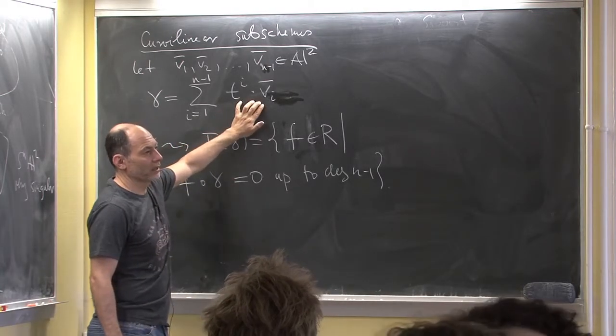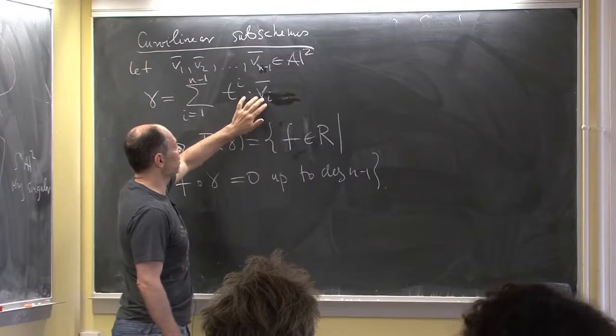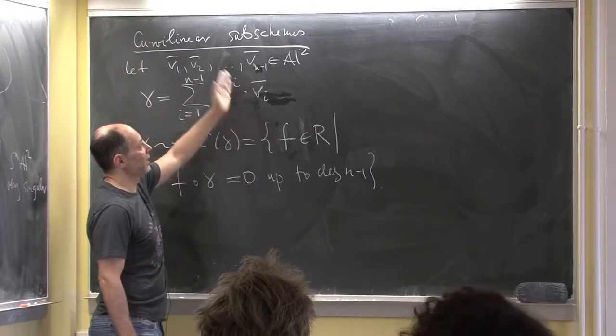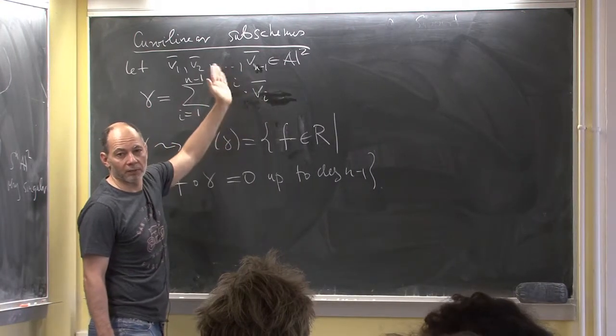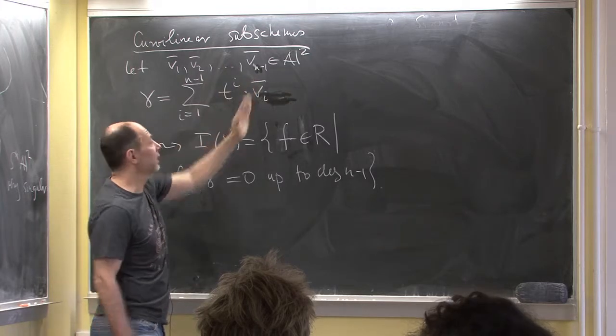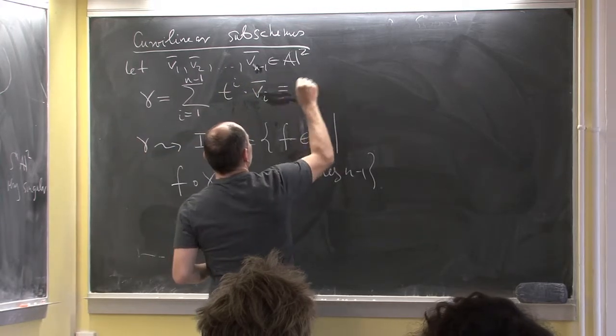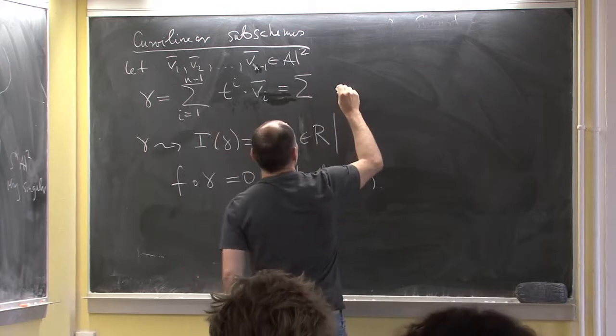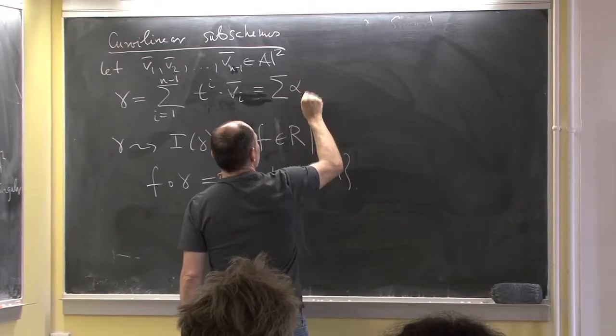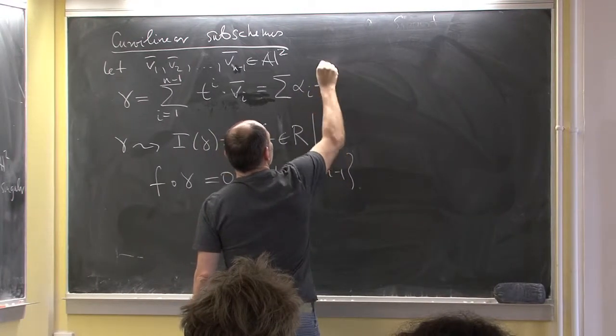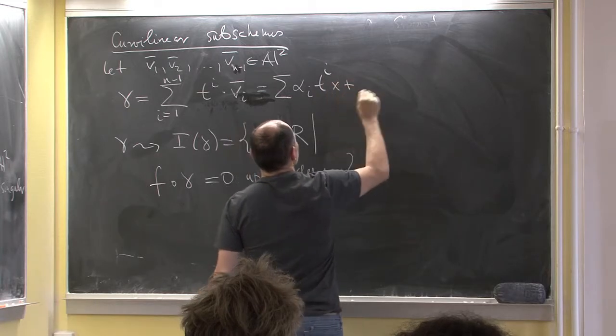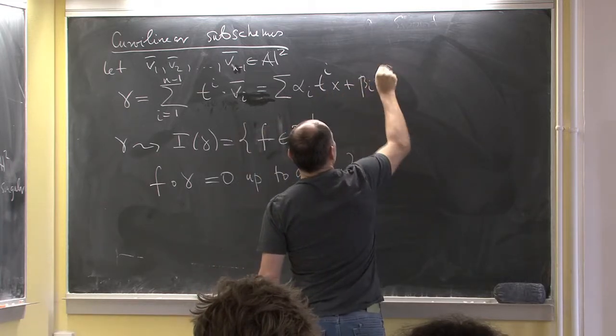So you can also write this differently, of course. You can write Vi as alpha I x plus beta I y. So then you can write this as the sum of alpha I t to the I x plus beta I t to the I y.